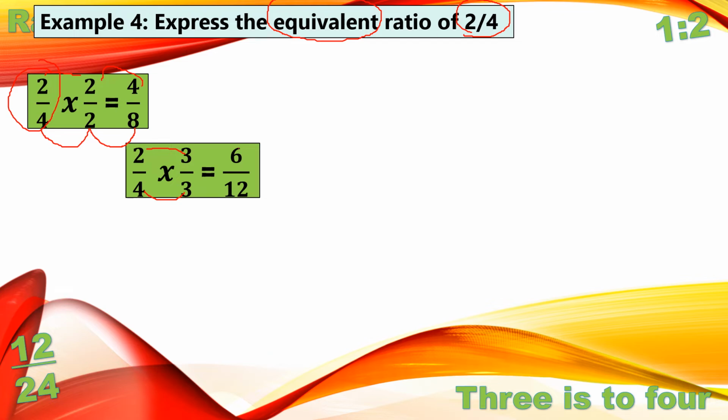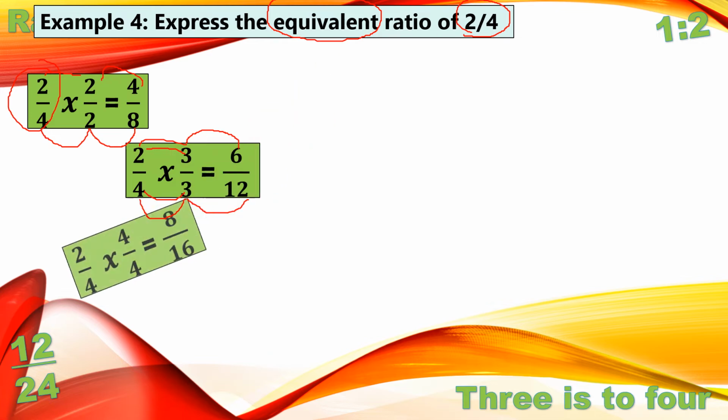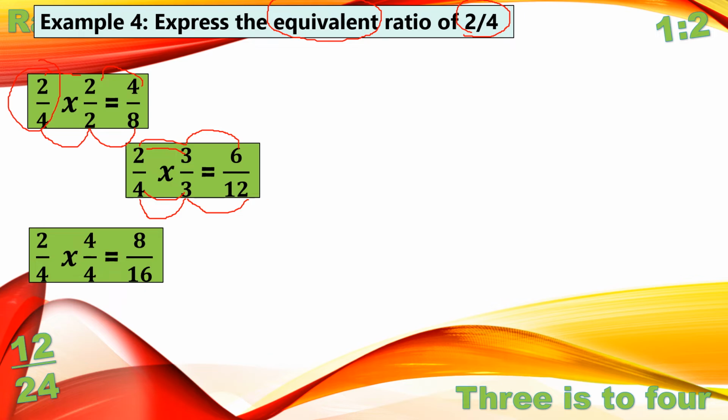So, kapag binaligtad, 6 divided by 3 equals 2, and 12 divided by 3 equals 4. Next, 2/4 times 4/4 equals 8/16. So, again, 8 divided by 4 equals 2, and 16 divided by 4 equals 4.